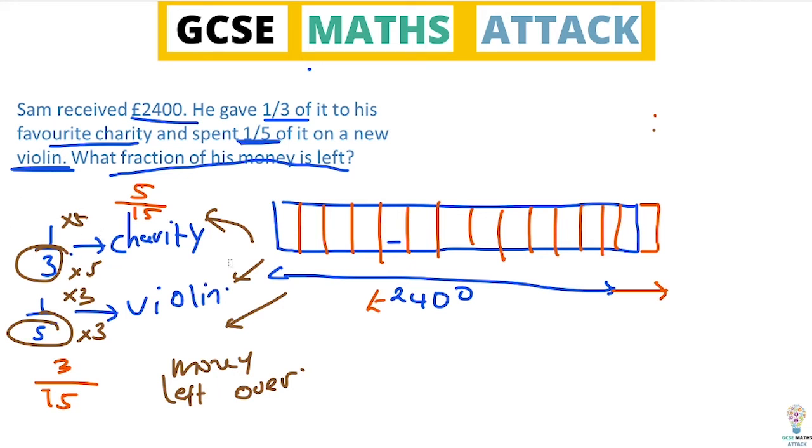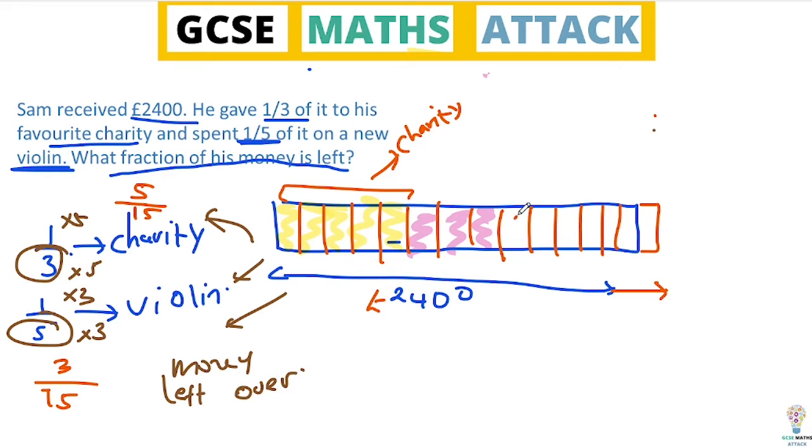Okay, so I know that 5 out of 15 will be given to charities. That's 1, 2, 3, 4, 5. And that would be your charity section. And 3/15 will be given to his violin. 1, 2, 3.